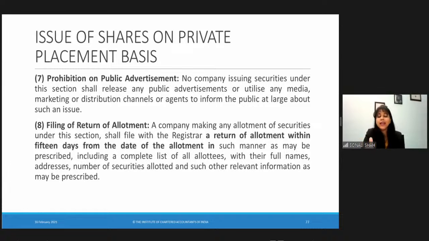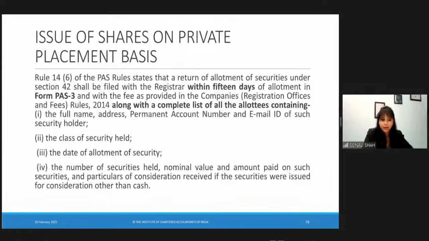Also, we know that there is a prohibition of public advertisement. There cannot be public advertisement when there is a private placement of securities. Whenever the company allots the securities, it will have to file a return of allotment within 15 days from the date of allotment in the manner prescribed.